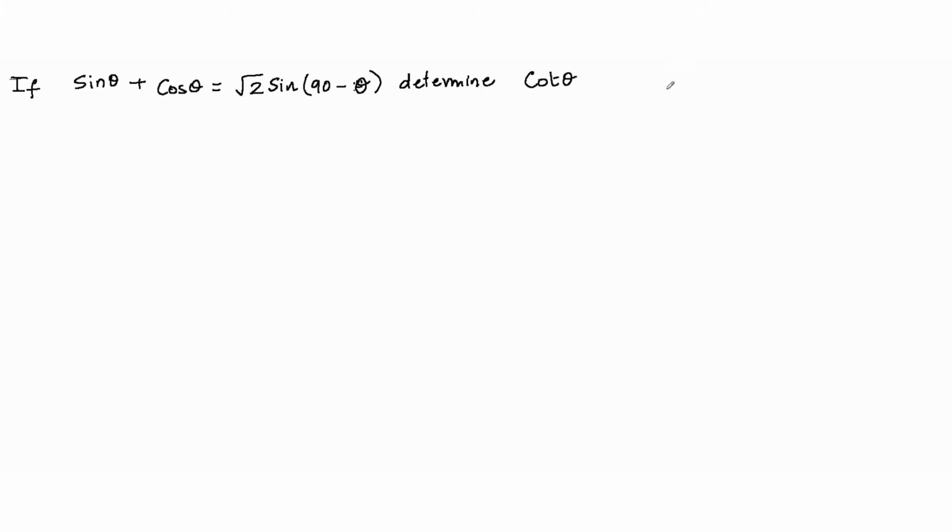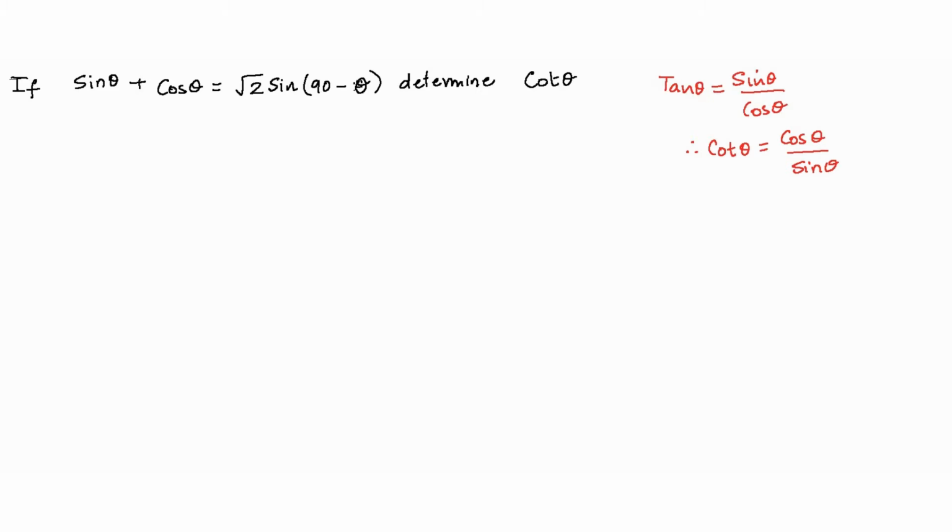I know that tan theta is given by sin theta upon cos theta. Therefore, cot theta is going to be cos theta divided by sin theta. So somehow I have to get the value of cos theta by sin theta in this particular equation.